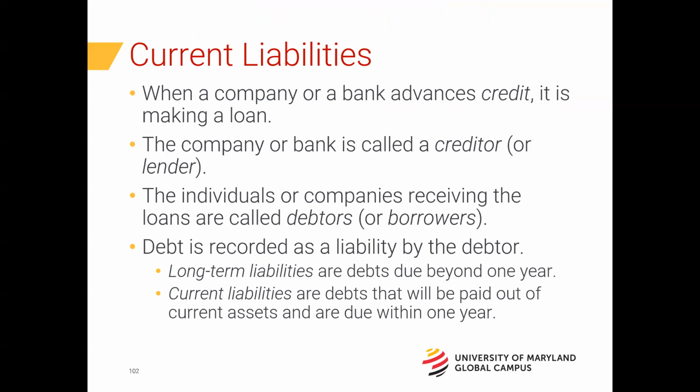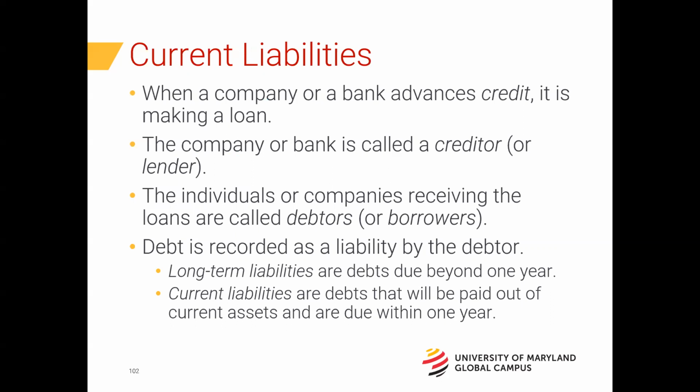Okay, so let's jump into current liabilities. So as you know, receivables, cash, those are all current assets. We talked about current assets. Now we should probably talk about current liabilities.